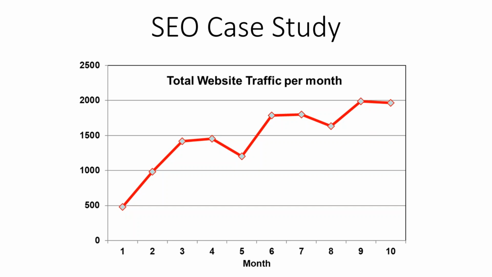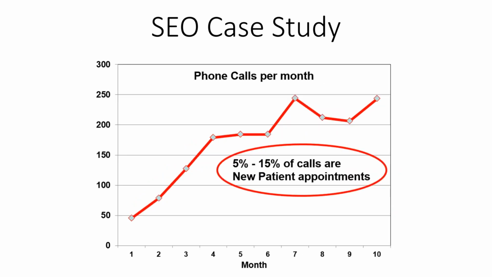And so that's great. Generating traffic is fantastic, as long as it generates leads. If your traffic goes up, but people aren't picking up the phone and calling, then who cares? It's a total waste of traffic. So here's the calls. What we do is we'll track phone calls on these things so that we can understand how many calls we are generating from the SEO efforts.